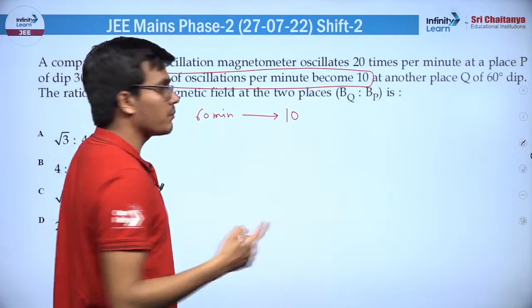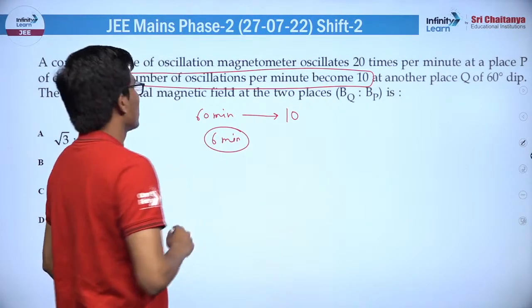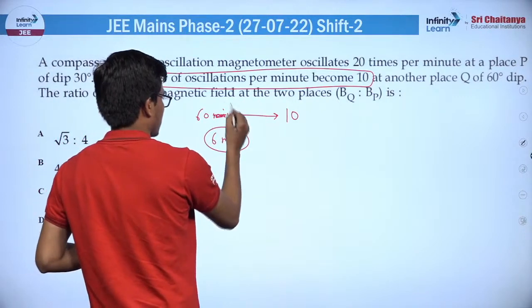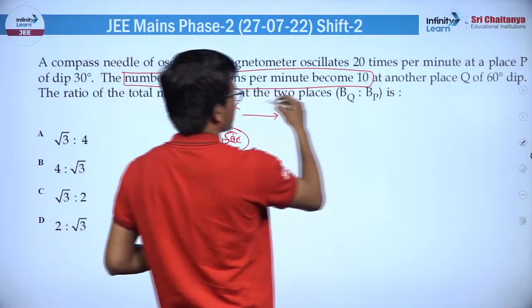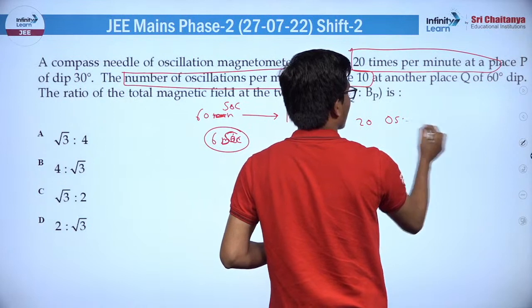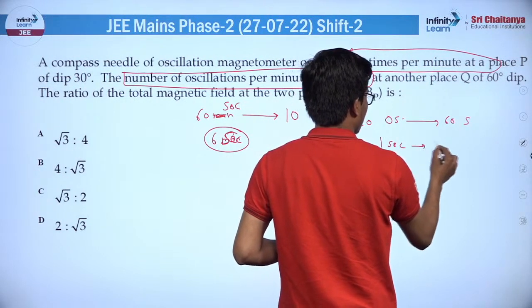So what should be the time period for one oscillation? It should be 6 seconds. In the first case, 20 times per minute means 20 oscillations in 60 seconds, so one oscillation will be in 3 seconds.